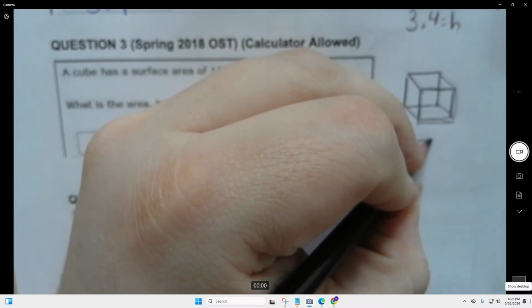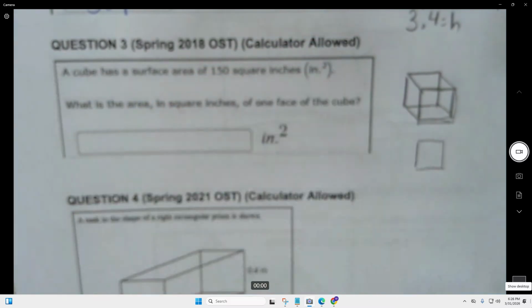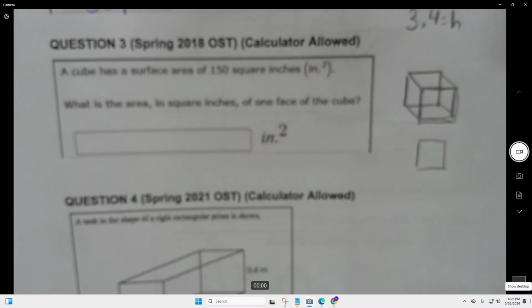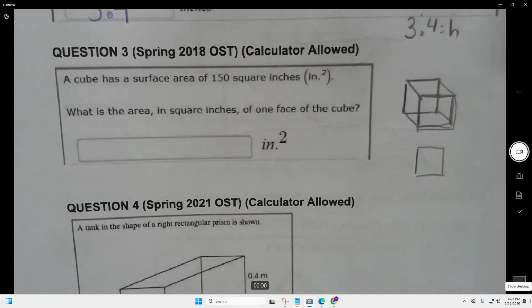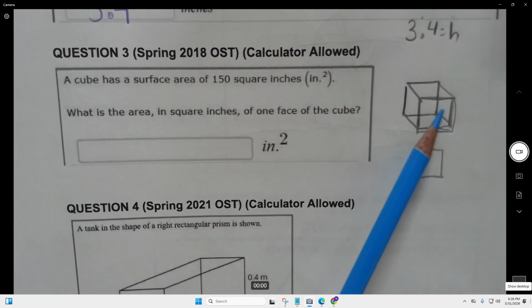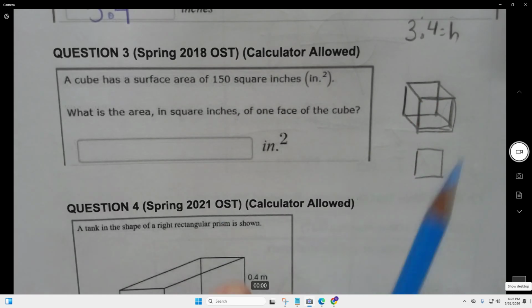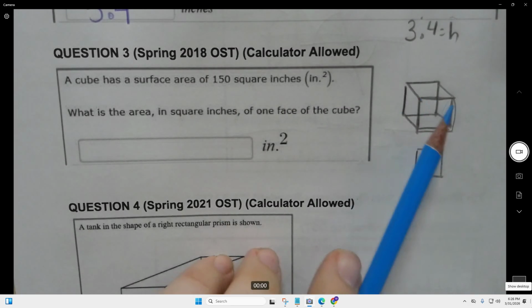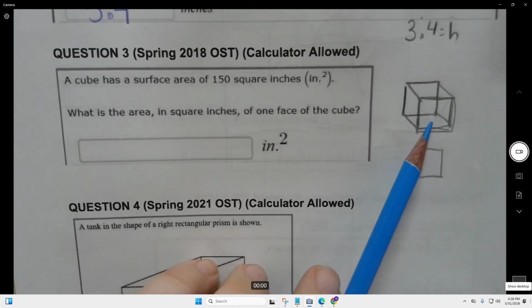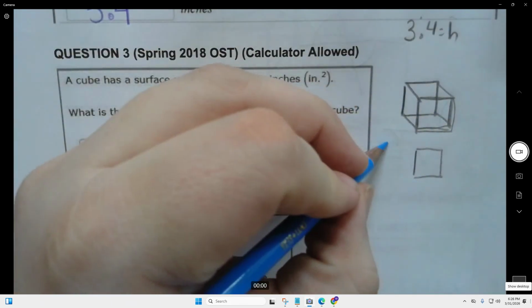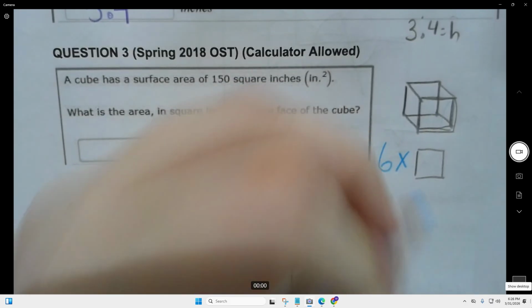So first we want to think about what the area of one square is, and then how many of these squares are on this cube. Well, there's one on each side, 1, 2, 3, 4, one on the top, and one on the bottom. So a cube is made up of 6 of the squares.